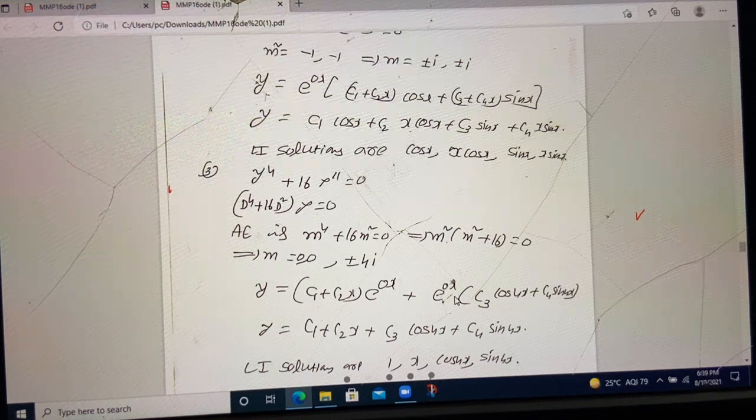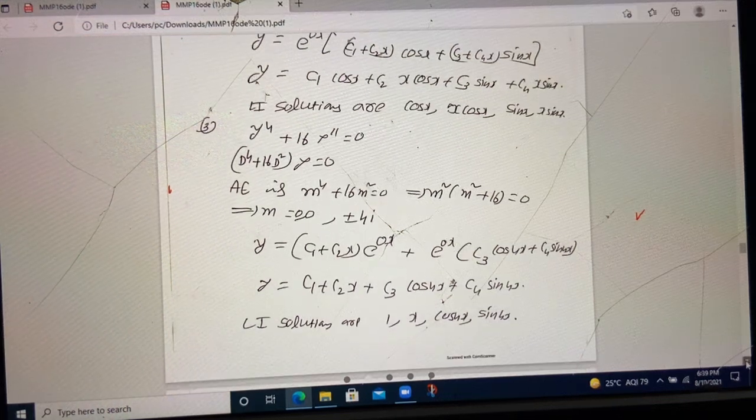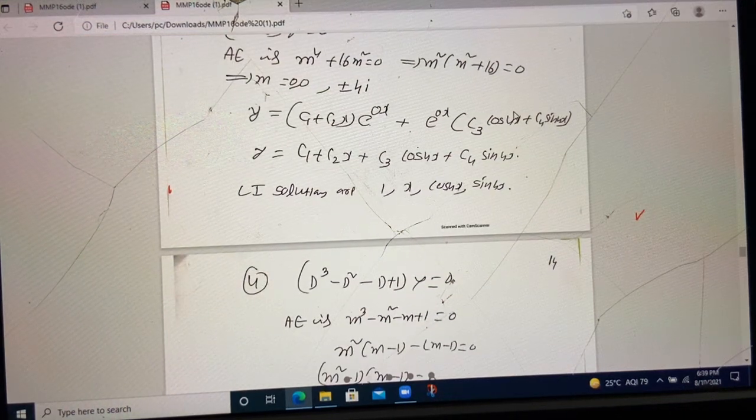Multiply inside, e power 0 is 1. So what are the 4 linearly independent solutions for this? They are nothing but 1, x, cos 4x, sin 4x. So C1, C2, C3, C4 coefficients will give you the general solution. Here C1 coefficient is 1, here x, here cos 4x, here sin 4x. So they are the linearly independent solutions for this.